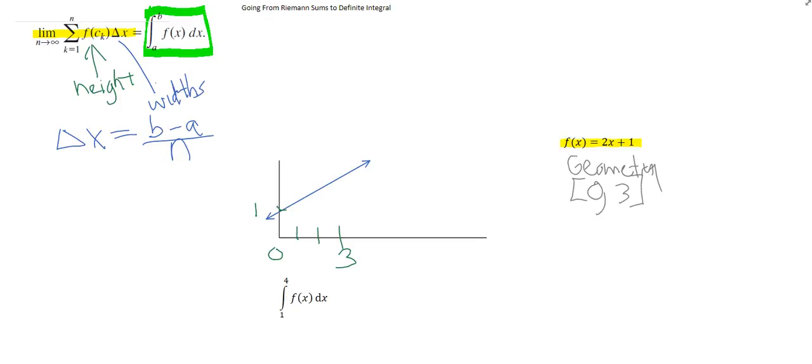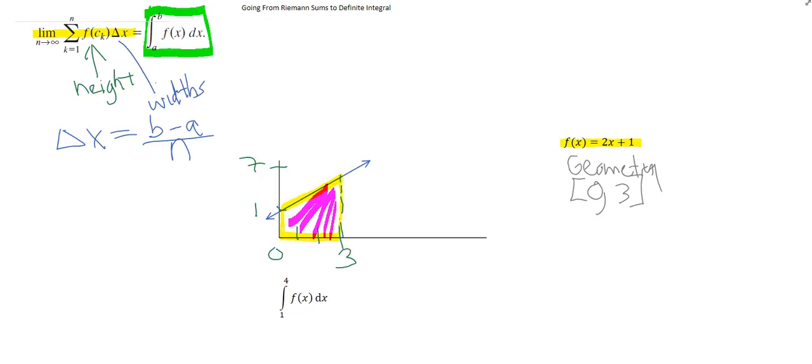And at 3, 3 times 2 is 6, 6 plus 1 is 7. Sorry I didn't draw this to scale very well, but you can see that the area under this curve looks like it forms a trapezoid, right?